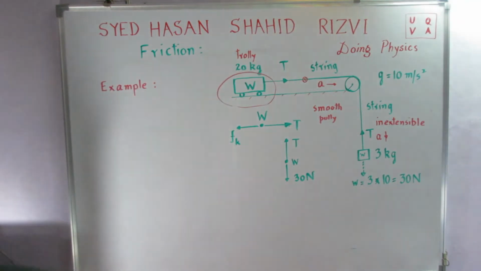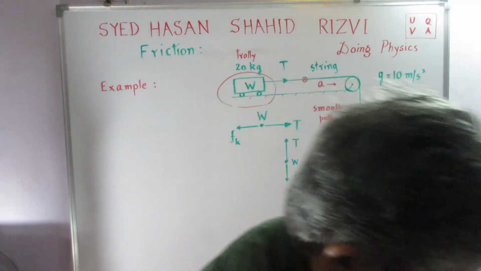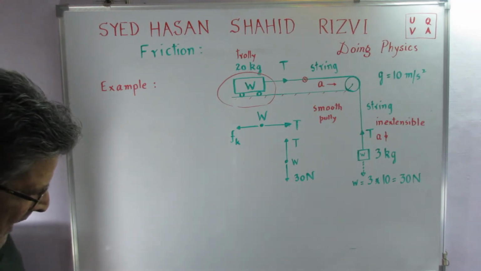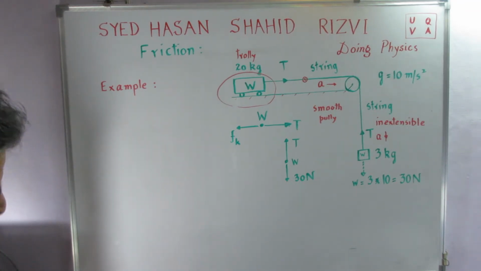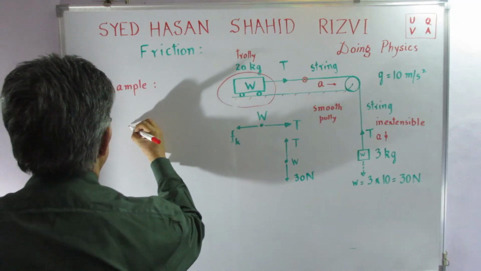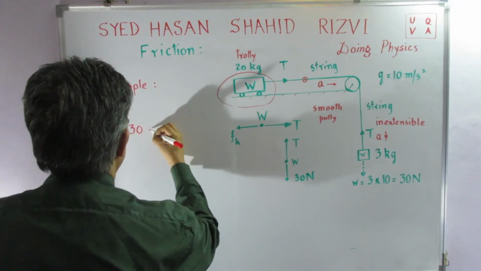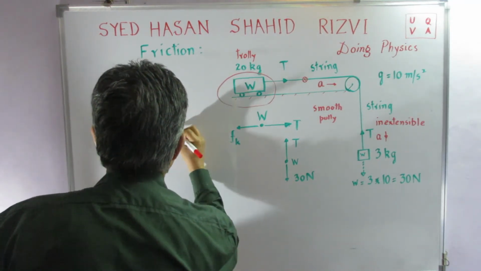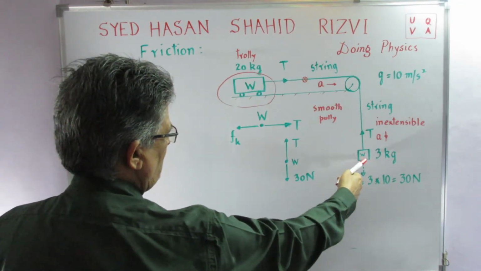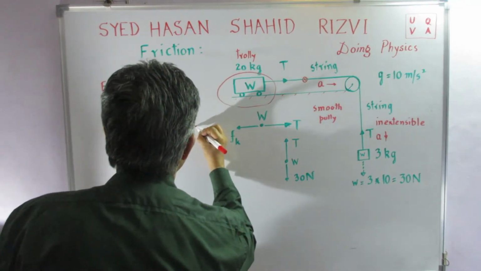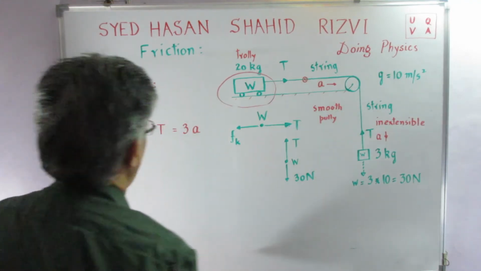Firstly, I can write the equation like this: 30 newtons minus T, the first equation for this body. 30 newtons minus capital T, the tension in it, is equal to, this is a 3 kilogram body, so we are just talking about this body over here, 3 into A. The acceleration that will be there is equal to A.